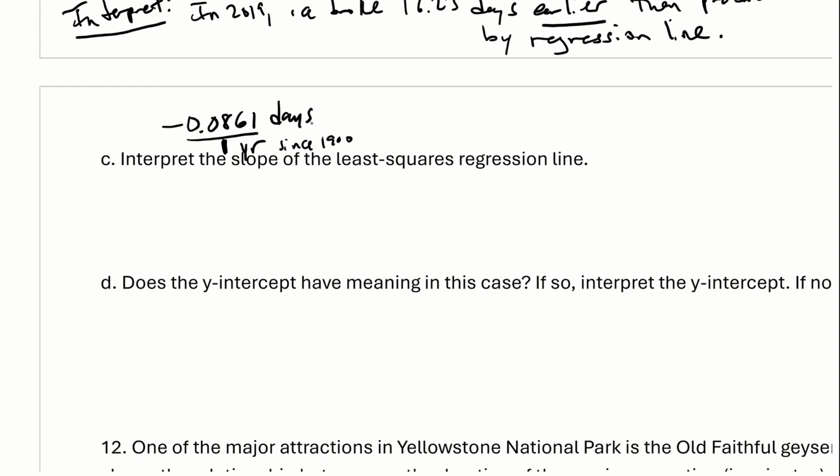So that means that for every year since 1900, the day that the ice will break decreases by that many days.